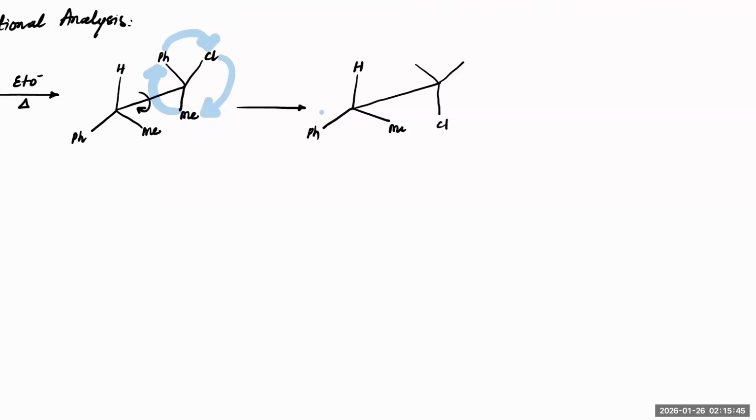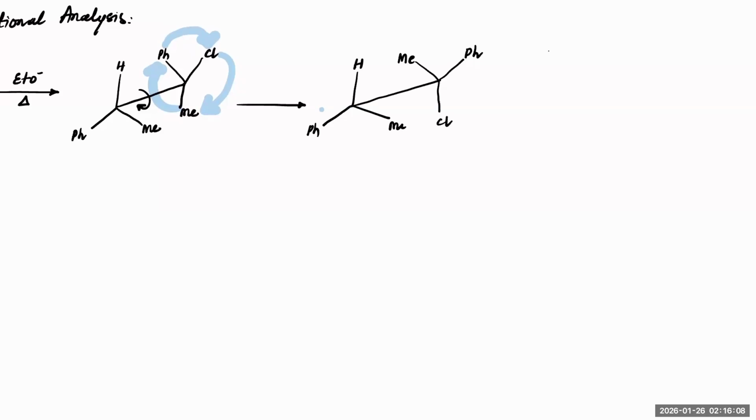Now chlorine is here, and methyl went all the way to this side, phenyl came to this side. Correct? This is how I made a rotation. Okay. Now you can see hydrogen and chlorine are opposite to each other. Correct? Now you can solve it from here itself.